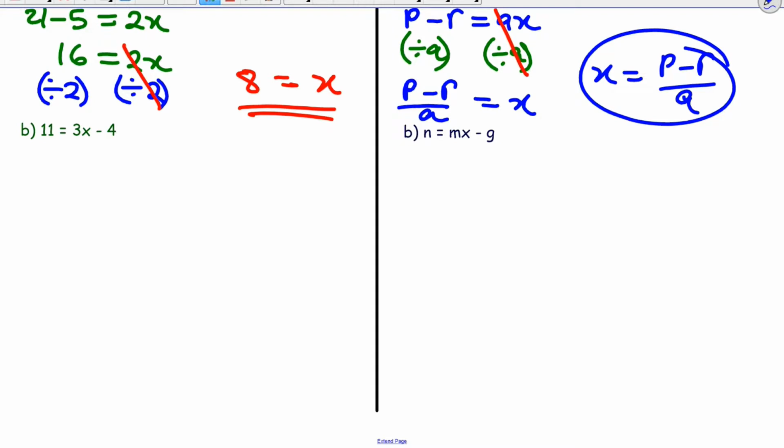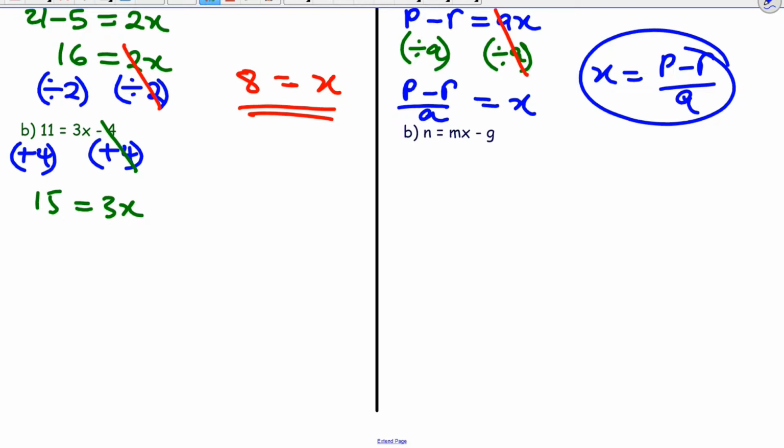So on the left, we shall start by getting rid of the negative 4. So add 4 on the right, add 4 on the left. What we shall end up with is 11 plus 4, which will be 15. And negative 4 plus 4 is 0. So we'll just be left with 3x.